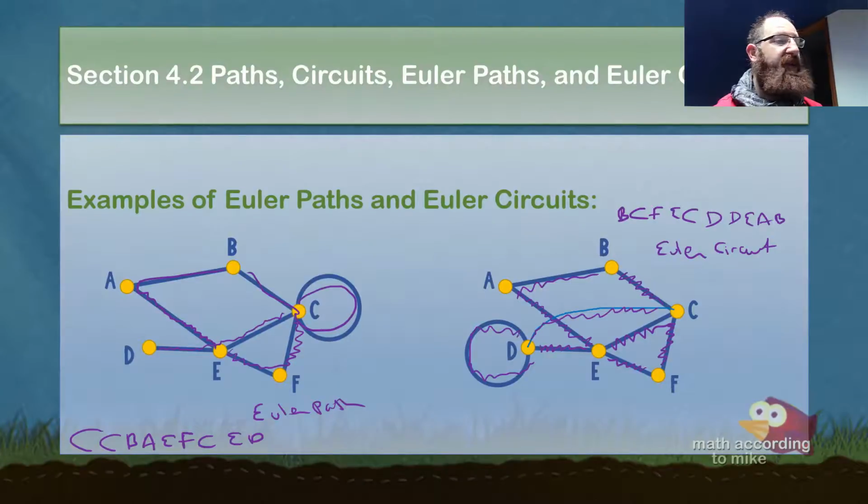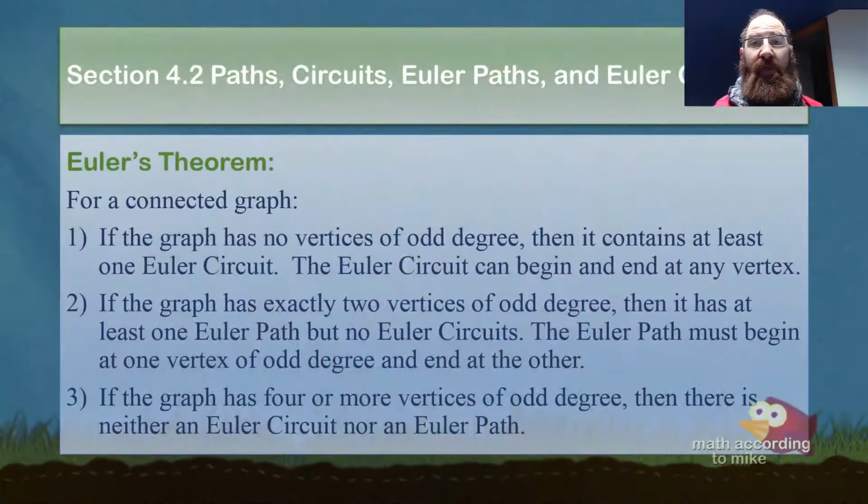There's no way to start at C and end at C and use all the edges. Impossible. The graph on the right had an Euler circuit. An Euler circuit is a type of Euler path that happens to start and end at the same place. But as far as using the best answer, Euler circuit would be best because we started and ended at the same place. Okay, so that is Euler's theorem.